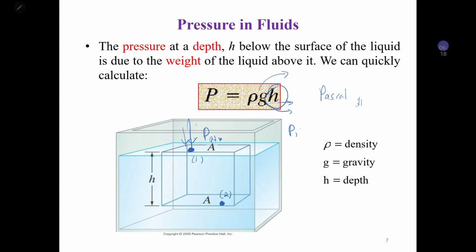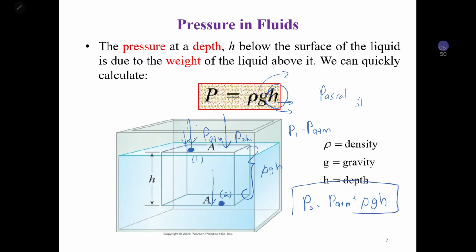So at point 1, the pressure exerted is equal to P atm, or atmospheric pressure. At point 2, the pressure exerted is given by the atmospheric pressure plus the pressure that we calculate using rho g h. So P2 is equal to P atm plus rho g h.